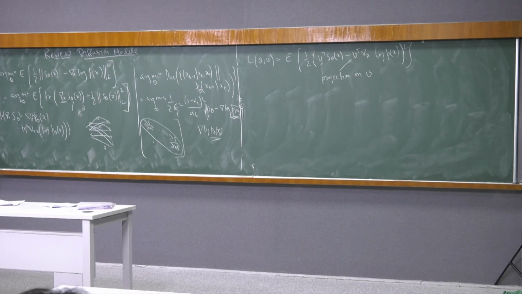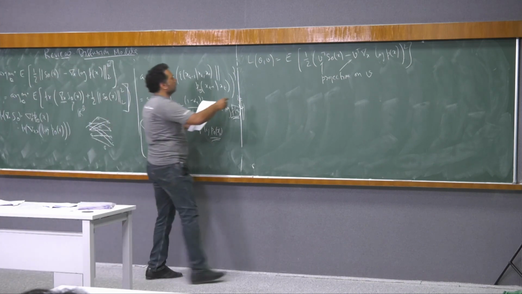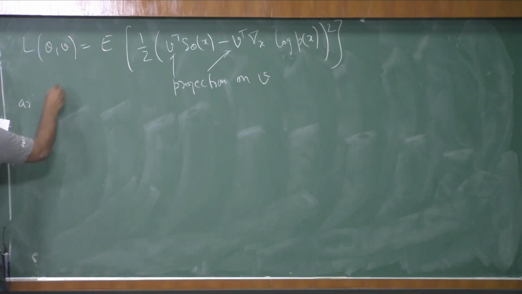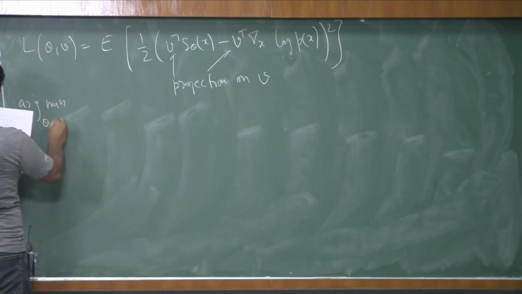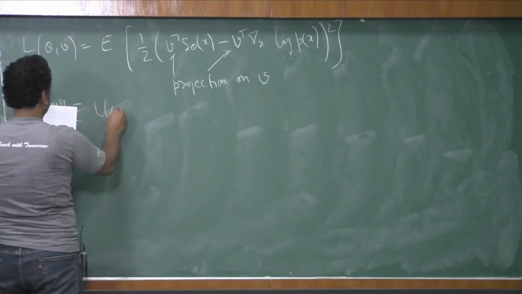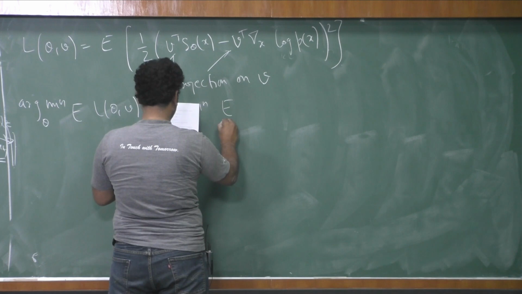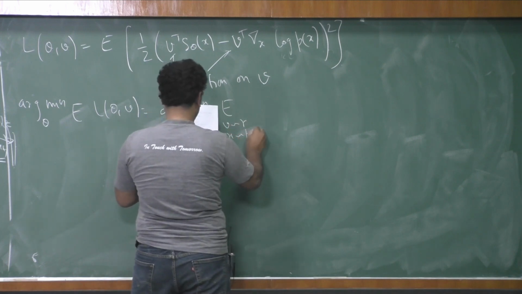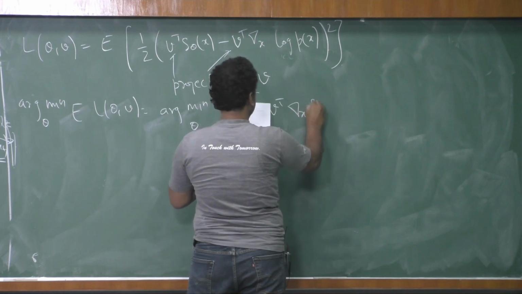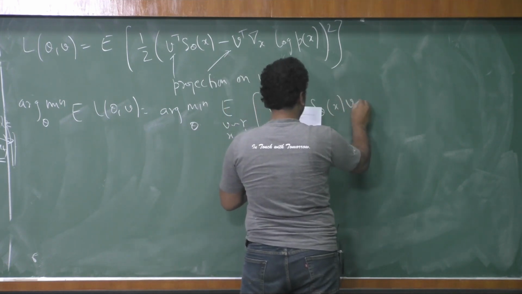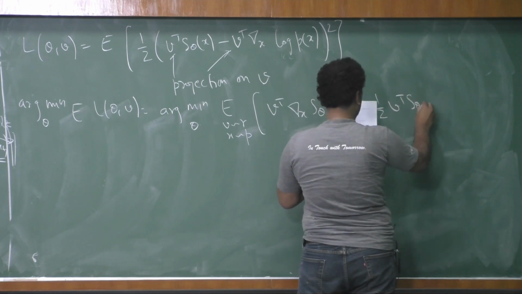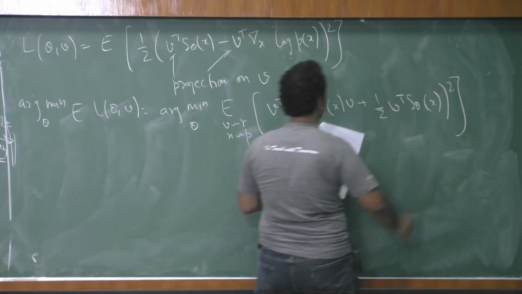But then to resolve this, there was a further theorem that doing this is okay. You may not lose much. But before this, what we can say is, what is the minimum of this now, the projected one. argmin over theta of the expectation of L(theta, v) is argmin over theta of the expectation over v from R, x from P, of v transpose grad_x s_theta(x) v plus half of (v transpose s_theta(x)) squared.